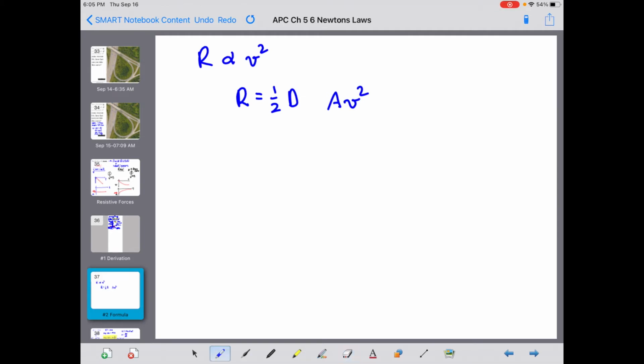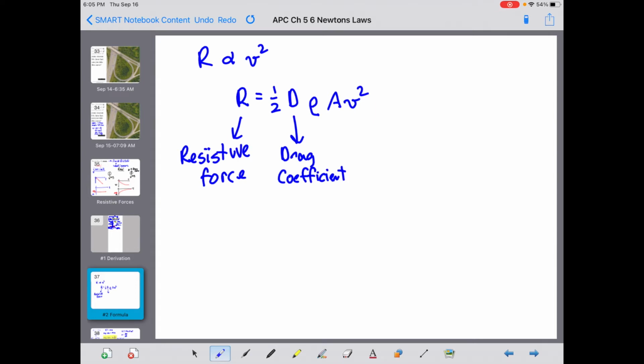Let me fix my rho a little bit. Our different quantities: R, that is the resistive or the drag force. D, that is a drag coefficient. It is the counterpart of the coefficient of friction, but for liquids and gases. Rho, the Greek letter, is the density of the fluid.